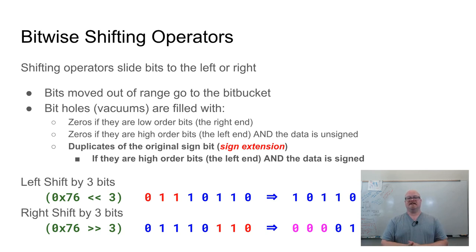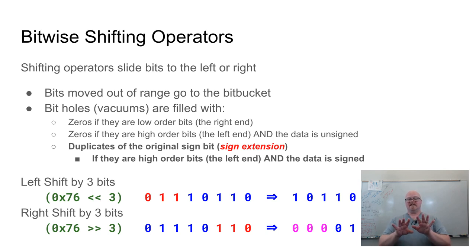The first of those is that all these bits fit in the container that they're held in to begin with. So if you slide to the left or slide to the right, even a single bit, then some bit of information is going to go out of range. So we have to know what to do to deal with those. Out of range bits, whether it's 1 bit or 4 bits or 7 bits, are just discarded entirely. They go to the bit bucket.